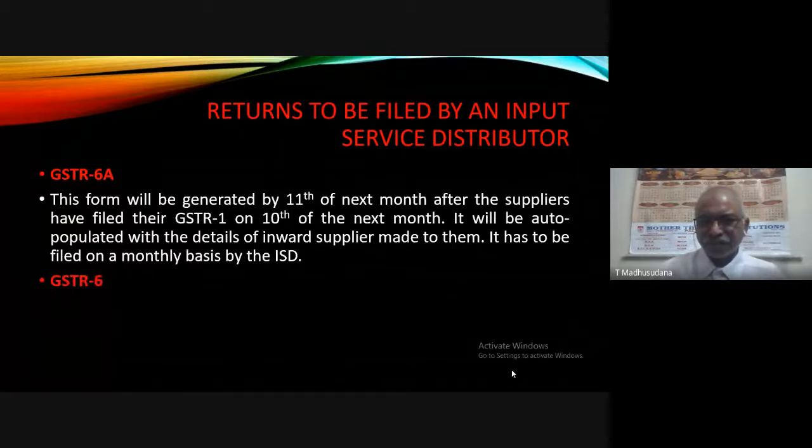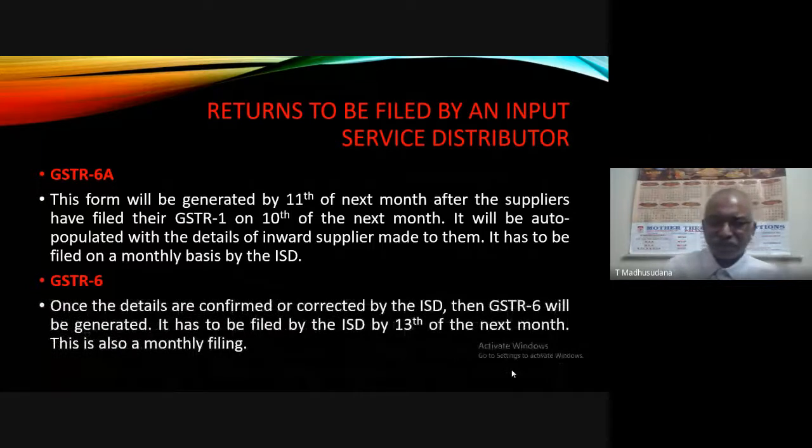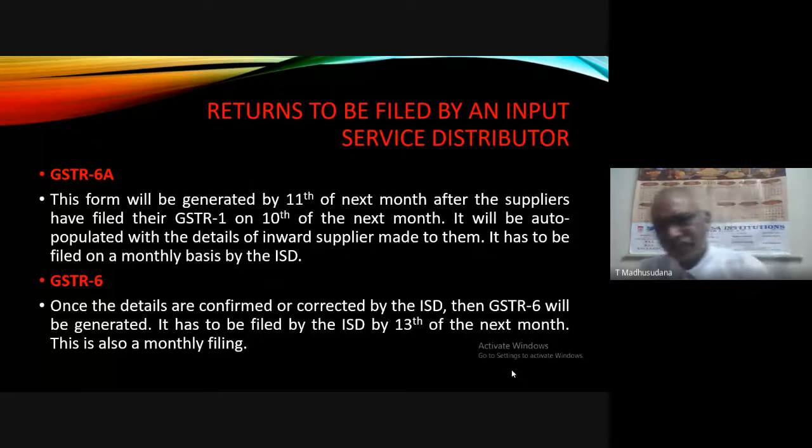Next, GSTR 6. Once the details are confirmed or corrected by the ISD, whatever information is provided in GSTR 6A is to be confirmed by the ISD. Then GSTR 6 will be generated.